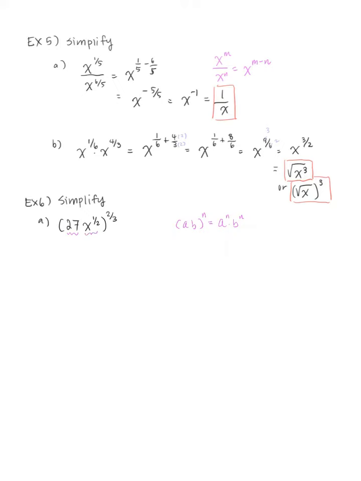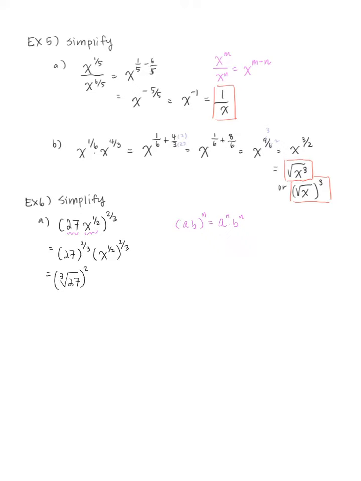So our next step is going to be 27 to the 2/3 times x to the 1/2 to the 2/3. All right, now let's take it from here. So this is the same thing as, well, the bottom becomes the root. So in this case, what we're going to get is cube root of 27 to the 2nd power.